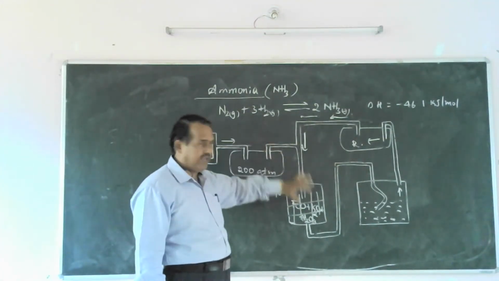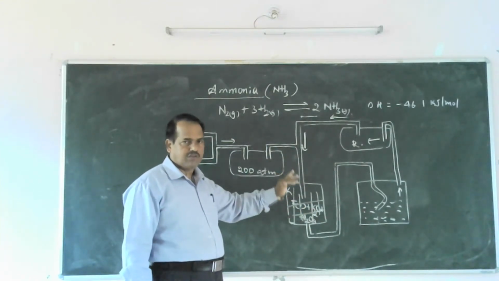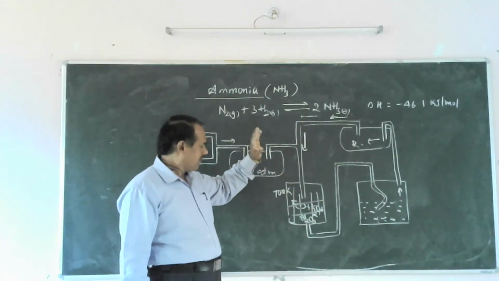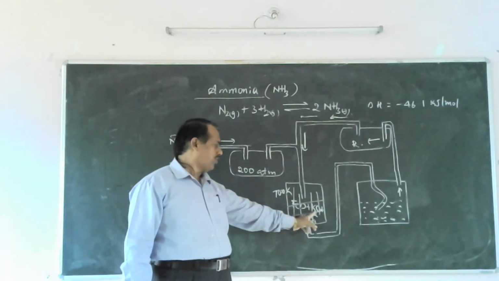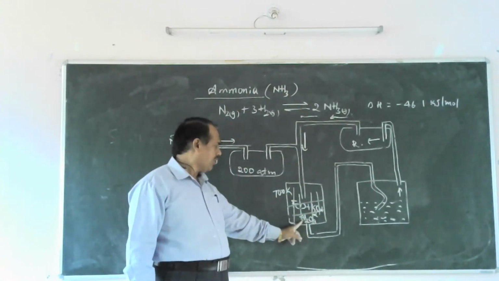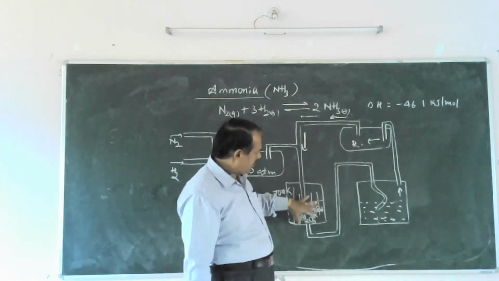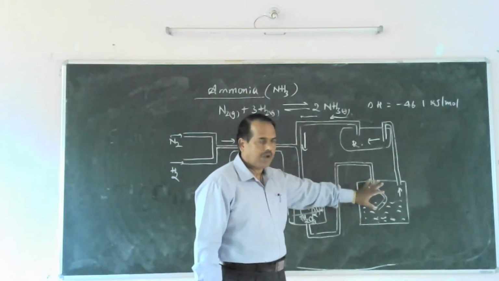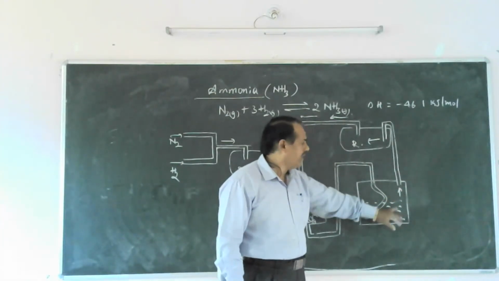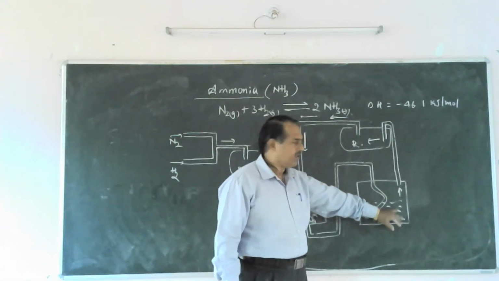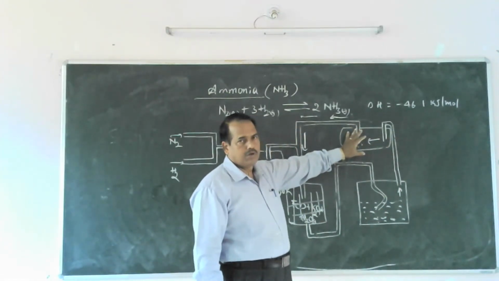And then this gas is passed into a catalytic chamber where the actual reaction takes place. Temperature is 700 Kelvin, the catalyst is iron oxide, and the promoter is potassium oxide and aluminium oxide. Then the ammonia is condensed and we get liquid ammonia. And unreacted gas is passed into the recycle.